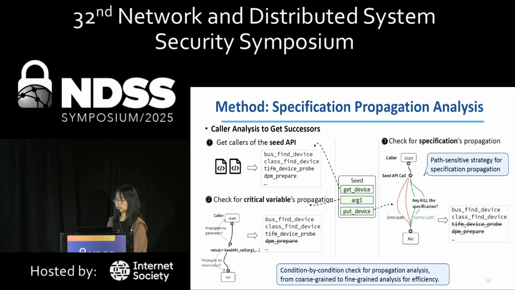Second, for each caller, APISpec-Gen checks whether the critical variable is propagated to the caller, and functions that don't meet this condition are filtered. Next, APISpec-Gen further checks whether any operation affects the specification propagation, and functions that don't meet this condition are also excluded. Finally, APISpec-Gen identifies that only the bug-fixed device and the classified device are the successors of the specification.